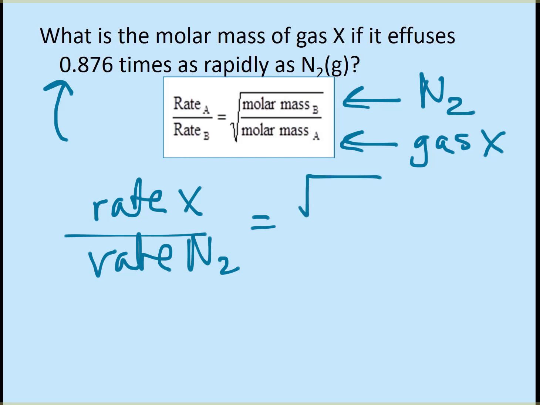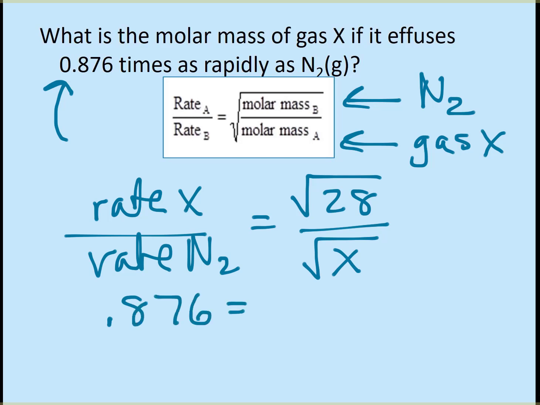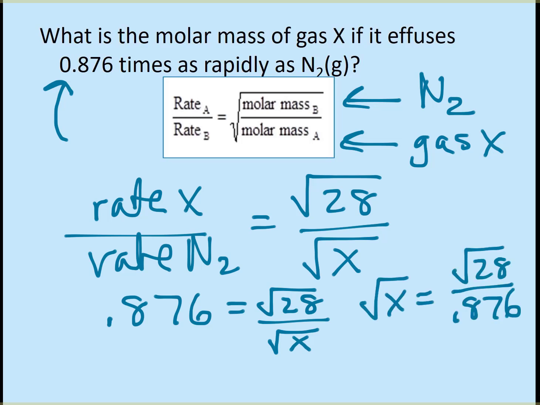And then I have my molar mass of N2, which is 28. And I don't know gas X. But I do know that the rate is 0.876, and that equals this side. And I'm going to get X on its own side. How I get rid of that square root is I'm going to square both sides.